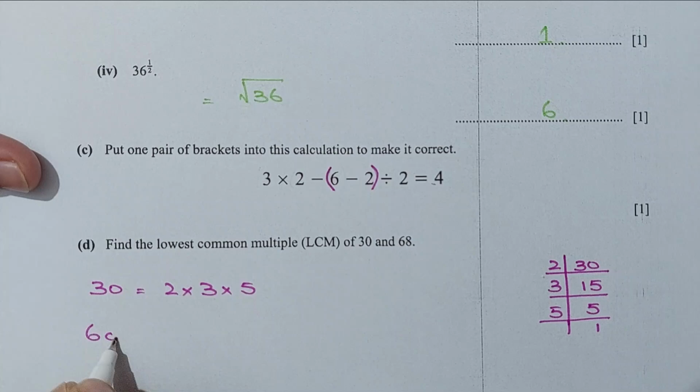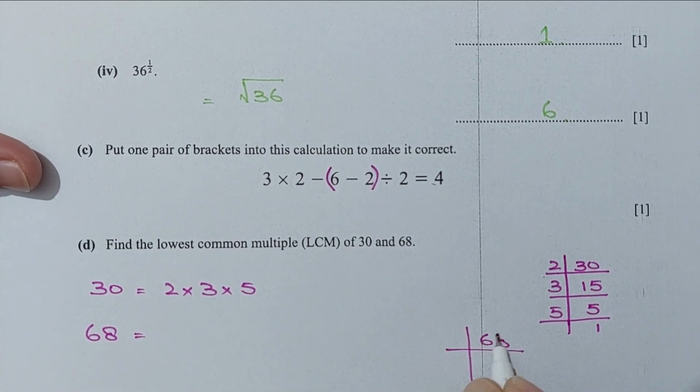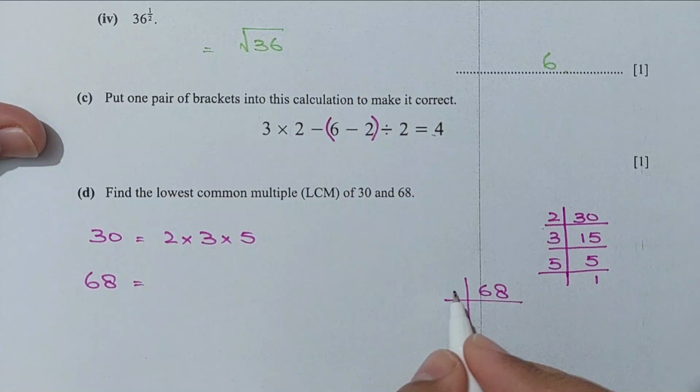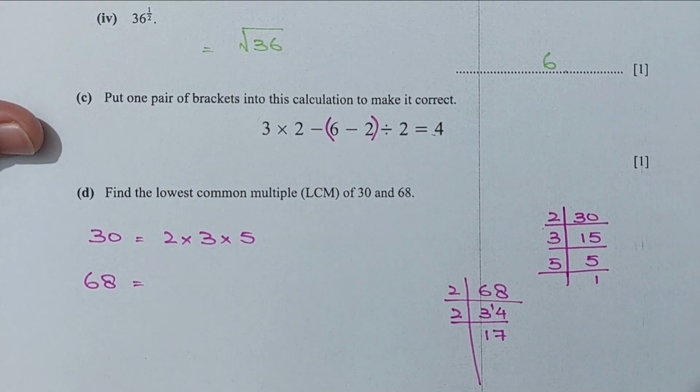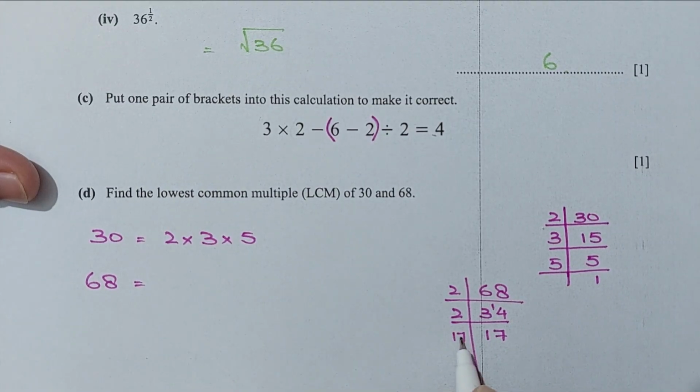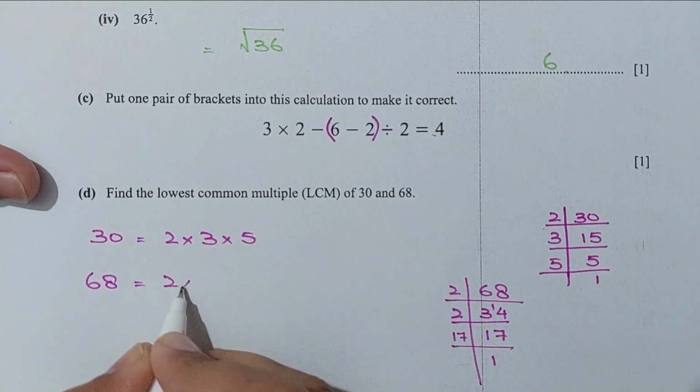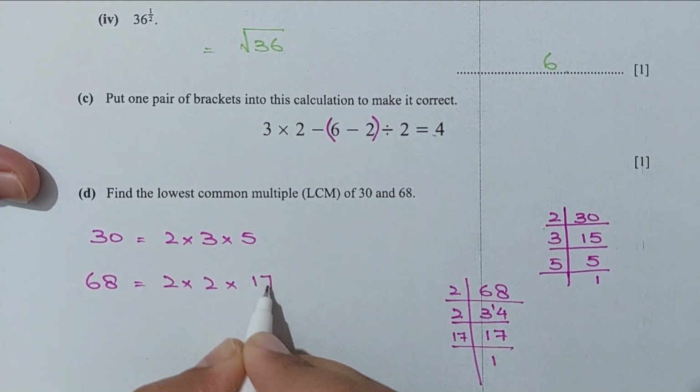Now let me write down the prime factorization for 68. It is 2 times 2 times 17, and 17 is a prime number itself.